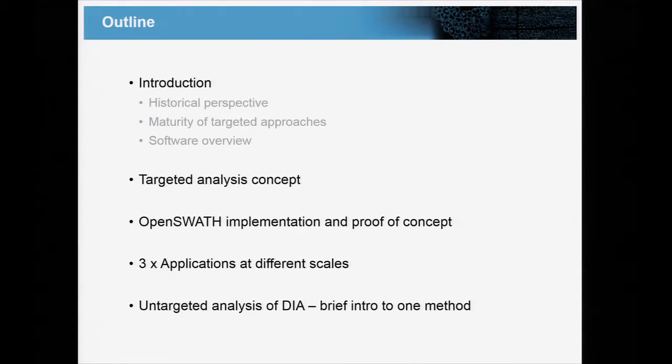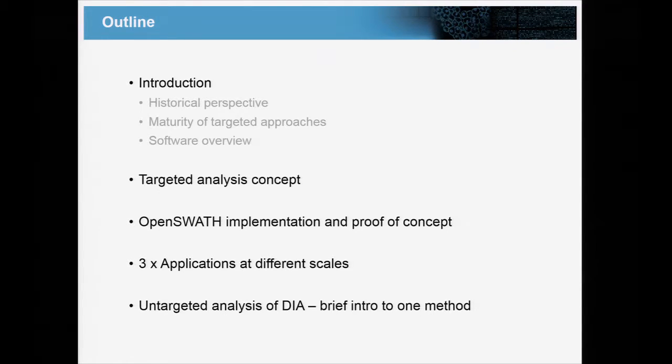I'll talk a bit about the software OpenSWATH, the implementation and the proof of concept surrounding OpenSWATH. And then I'll mention 3 different applications actually. The point of the applications is not really to show you some biological applications. We'll look at these in a very cursory way, but what I want to point out is that this kind of works at different scales.